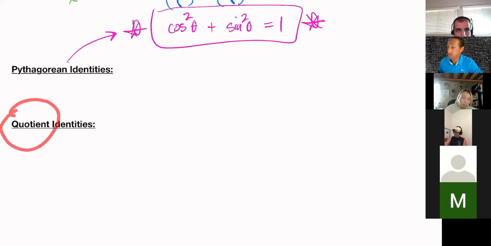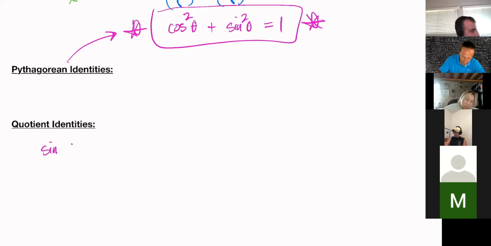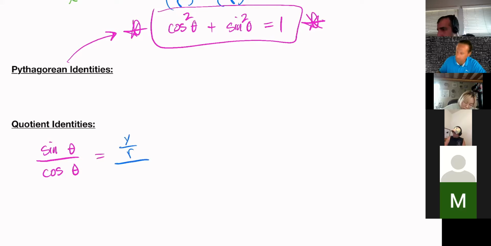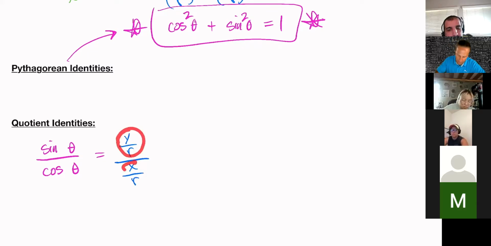Quotient identities are when we take something like sine of an angle and put it over cosine of an angle. And what do we know sine theta is always equal to? Y over R. And cosine is always equal to X over R. But as you guys know, we don't like taking fractions and dividing.